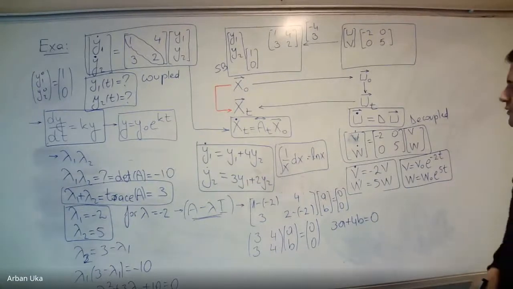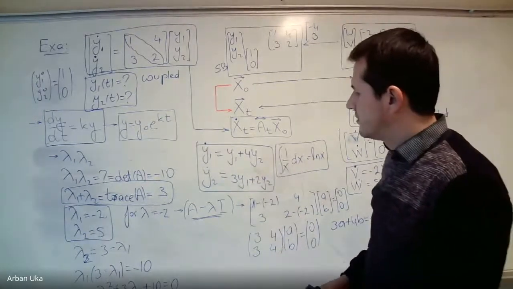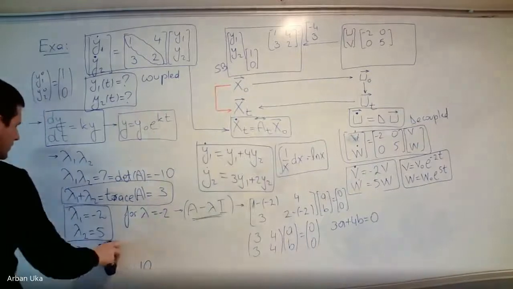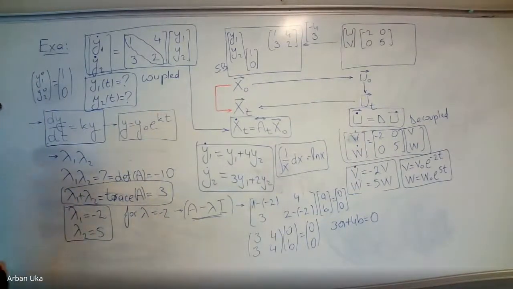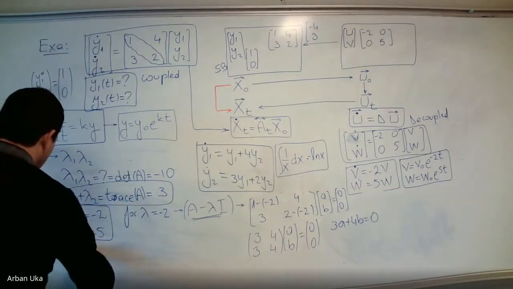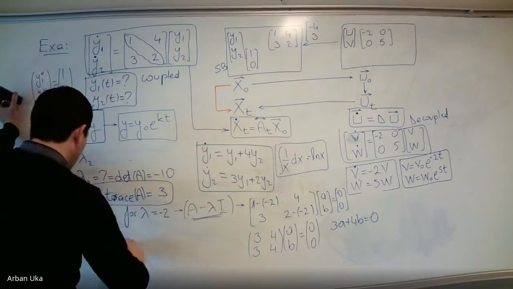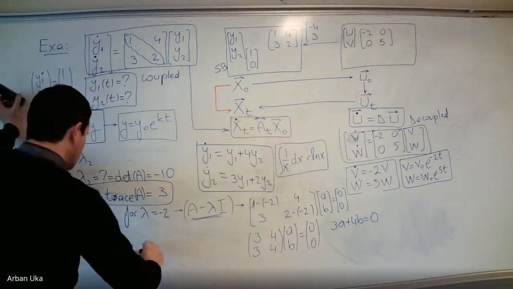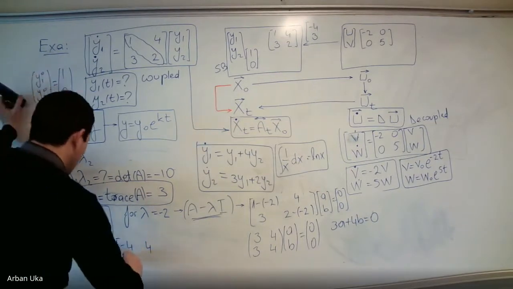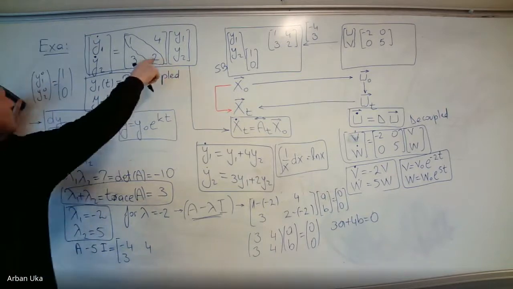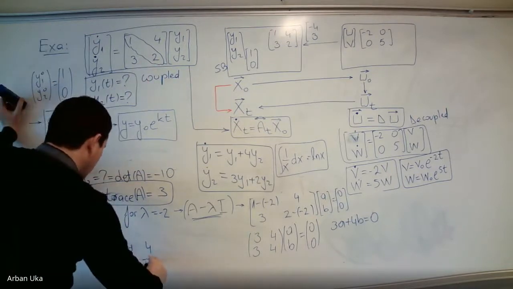And then we have to look at the other eigenvalue. So let's write the other eigenvalue here. We say A minus lambda I, A minus 5 times I. This is equal to 1 minus 5, minus 4, this is 4, this is 3, and then we get 2 minus 5, we get minus 3.